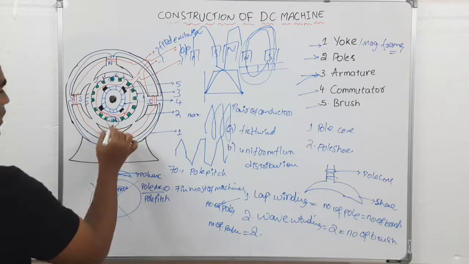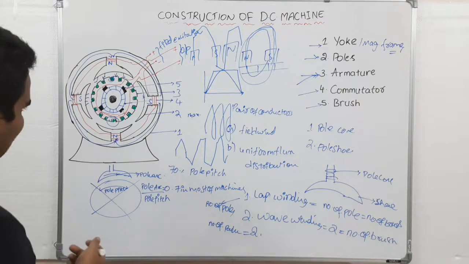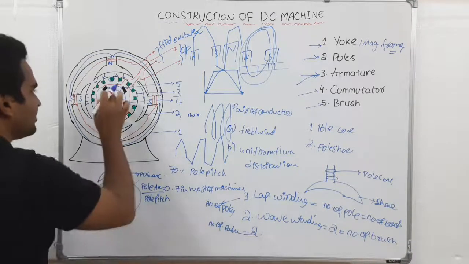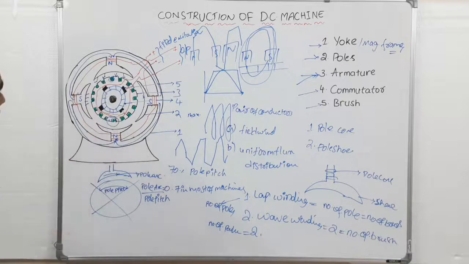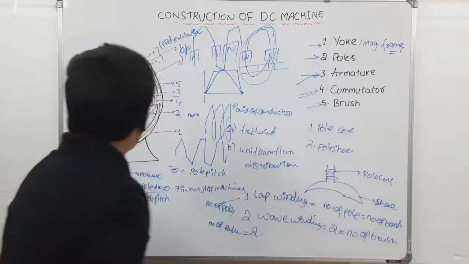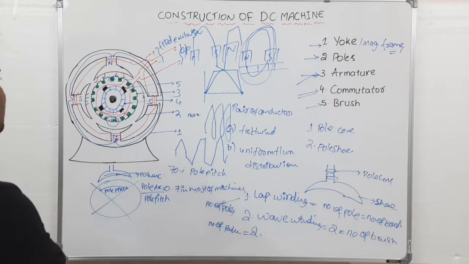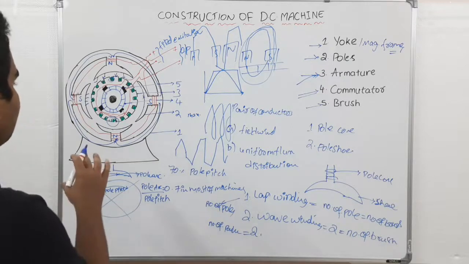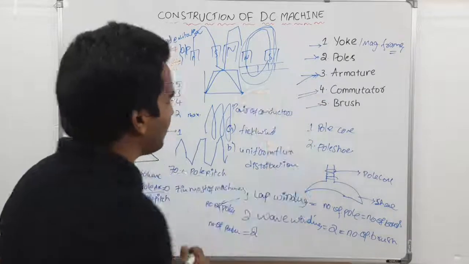The slots provide mechanical support to the conductors, and slots are laminated to avoid eddy current losses, and commutator segments are also laminated to avoid losses. The main important role of the commutator is to convert the generated AC value to a unidirectional value by reversing the direction of the current. We'll see the commutation process later.